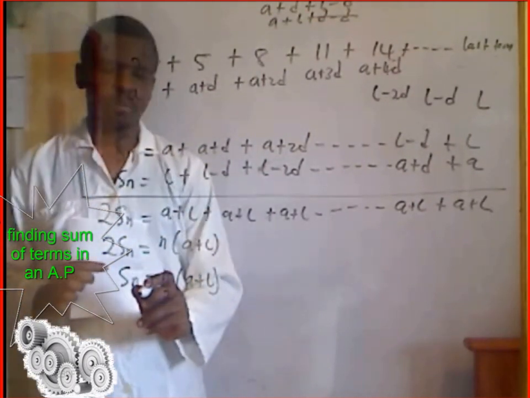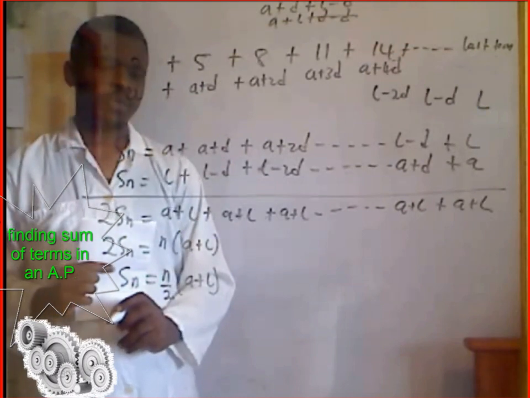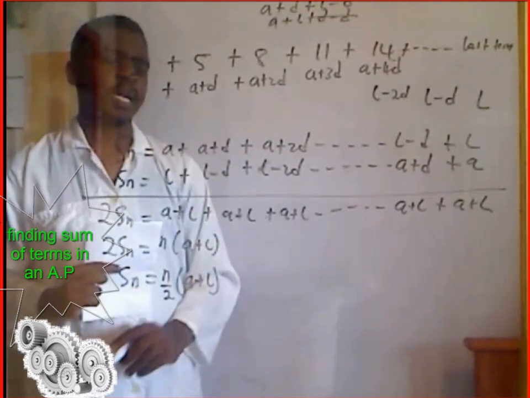This is the sum right up to the n number of terms if we are given the first term and the last term.